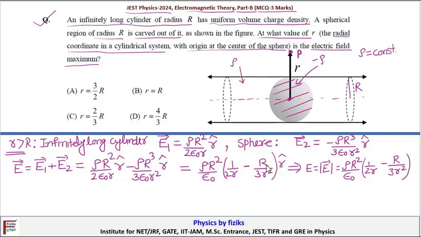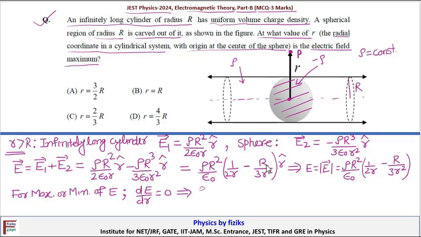Now for maxima or minima of E, we will write dE by dr should be 0.